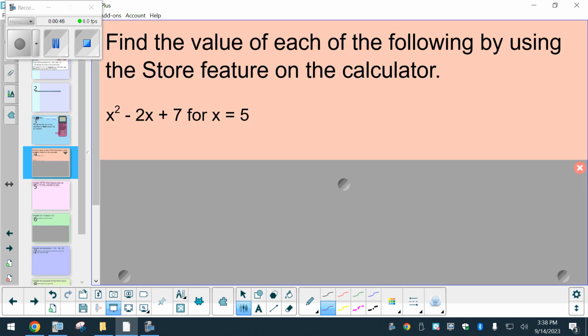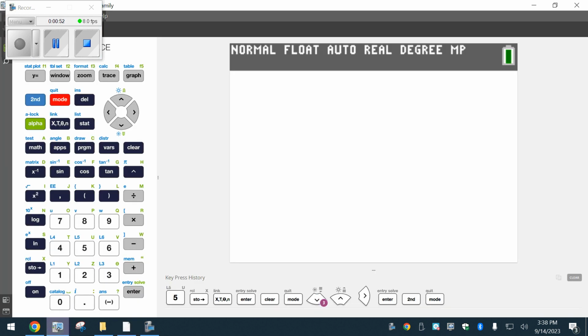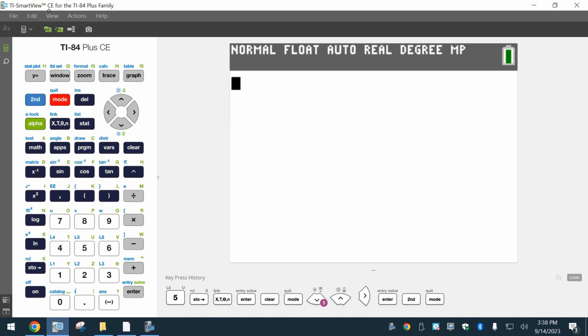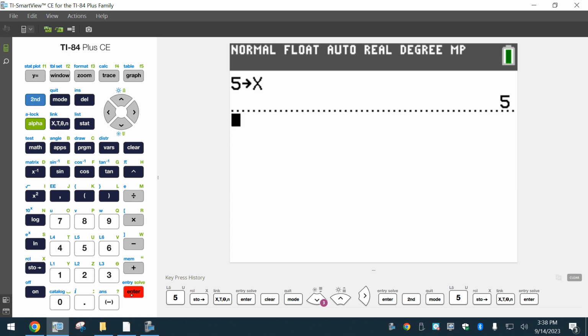So our first problem is this trinomial, and we want to evaluate it for when x is 5. So you're going to go over to your calculator, and you want to make sure that you're going to store x is 5. But it's a little weird because, let's say you do 5, hit the store key for x, and then hit enter. And then it gives back the 5.